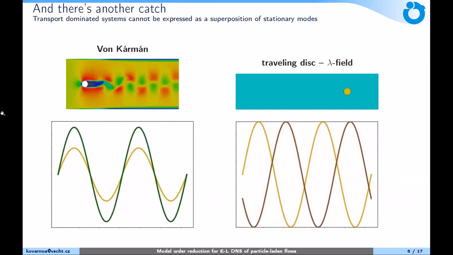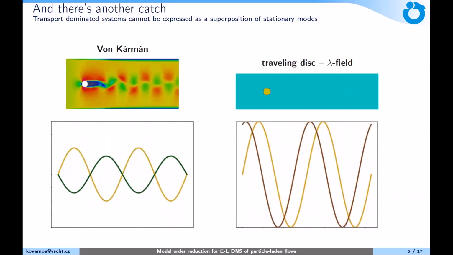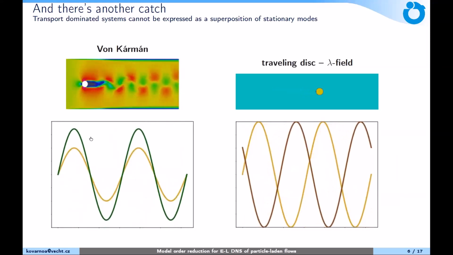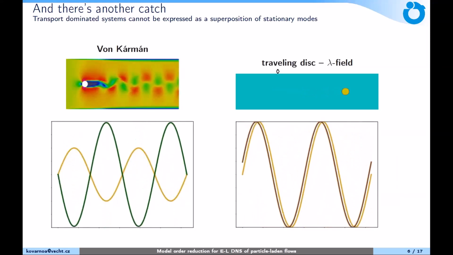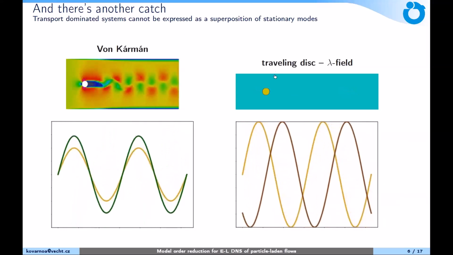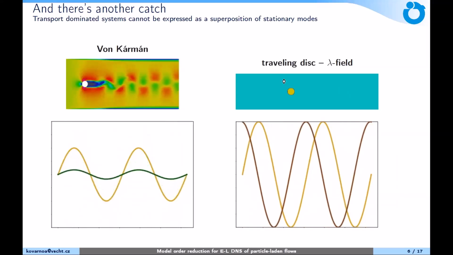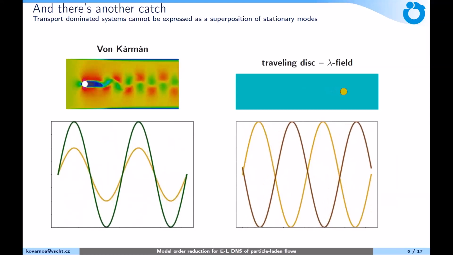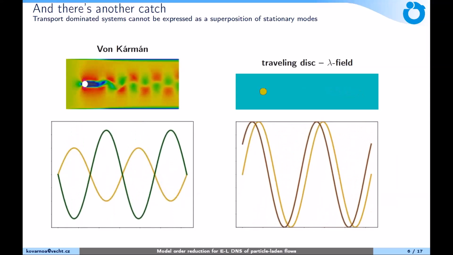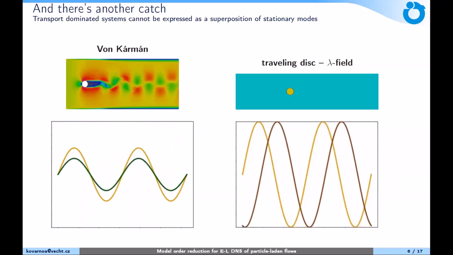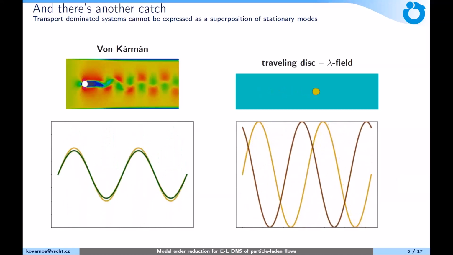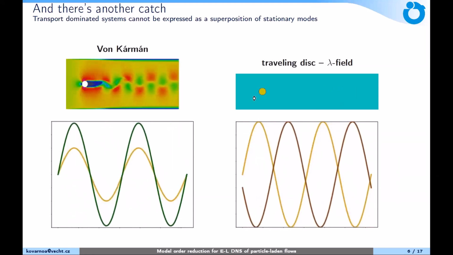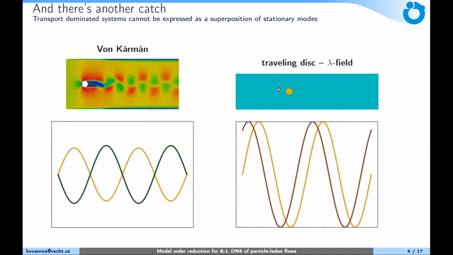It has characteristics of stationary waves, and stationary waves are very convenient for us because one stationary wave is just one stationary spatial structure, while our transport-dominated cases, such as this traveling disk, usually have characteristics of traveling waves, and traveling waves are extremely inconvenient because the solution at one time cannot be expressed as a linear combination of solutions at some other times.